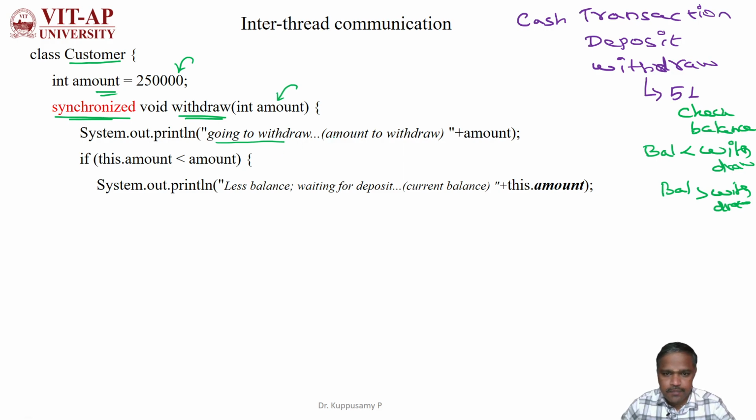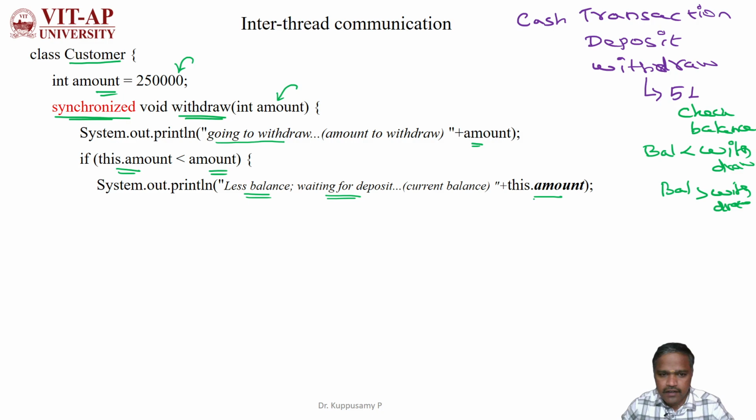Then it checks whether the balance amount is less than the withdrawing amount. If it is less, it gives the alert message that your account has less balance and you should wait for a deposit to make your balance greater than the withdrawing amount.